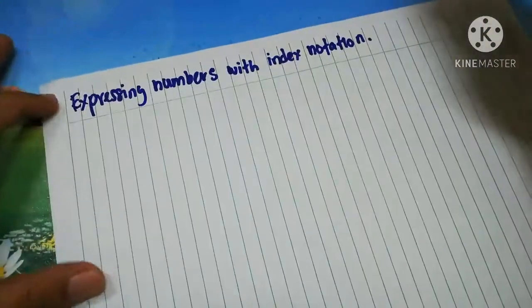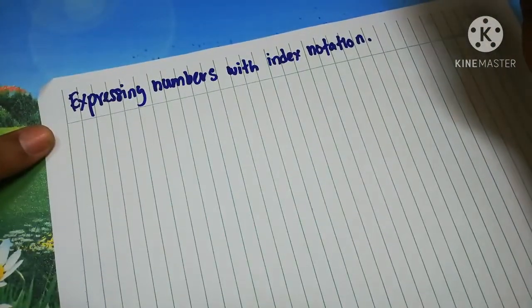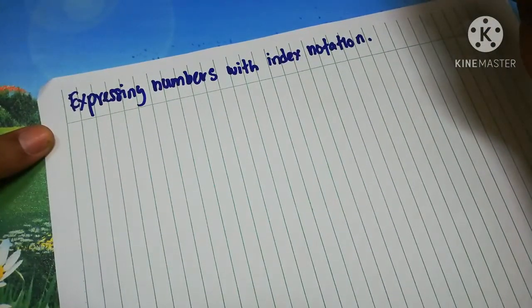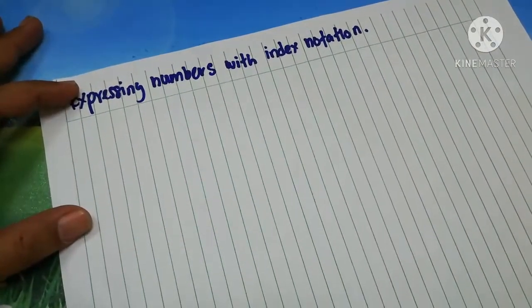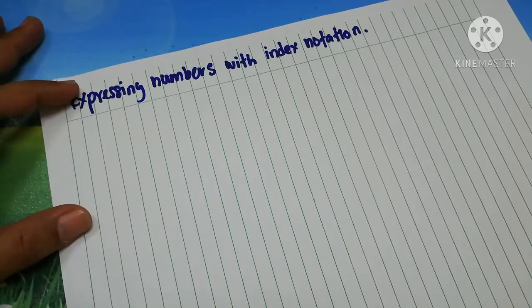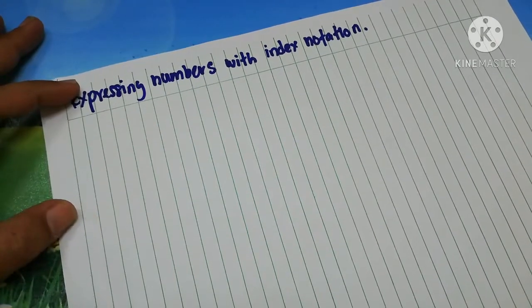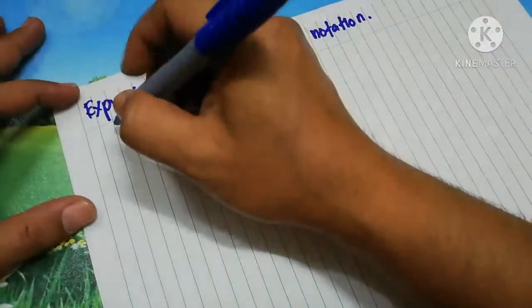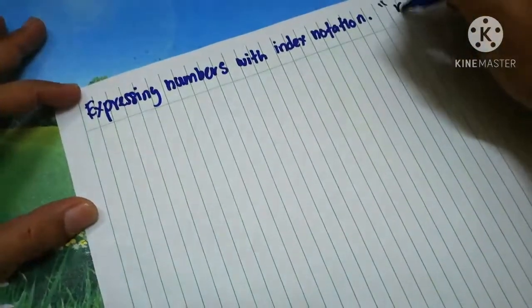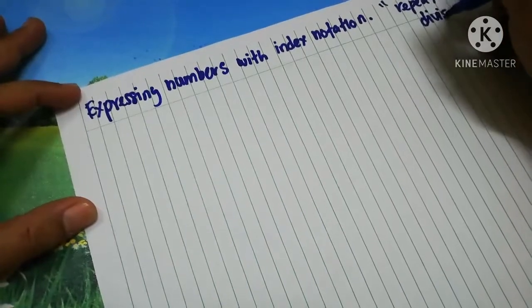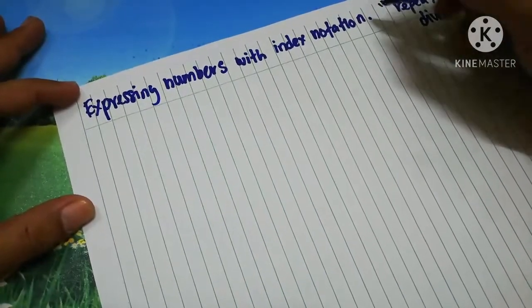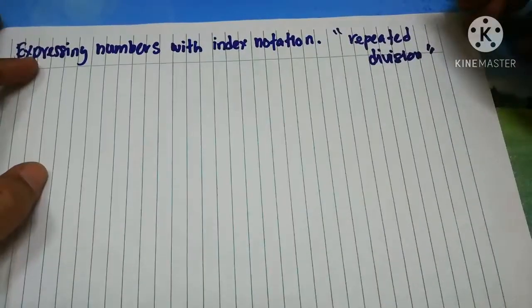Okay, now we continue with expressing number with index notation. A number can be written with index notation by means of repeated division. So keyword dia kat sini: repeated division. Yang tadi tu repeated multiplication.